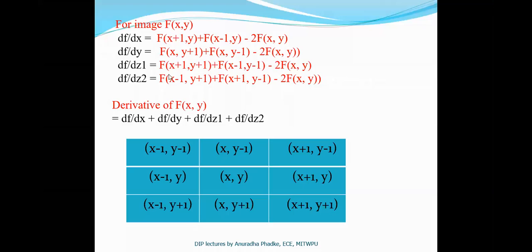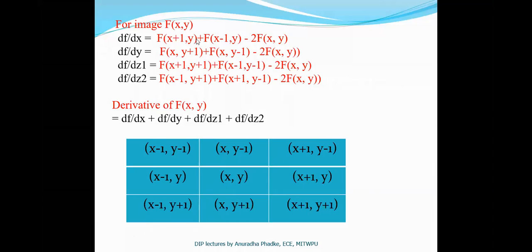So for image f(x,y), the derivative is given by addition of these four partial derivatives. The first is with respect to x, then with respect to y, the third is with respect to a diagonal direction, and the last term is with respect to the second diagonal direction.